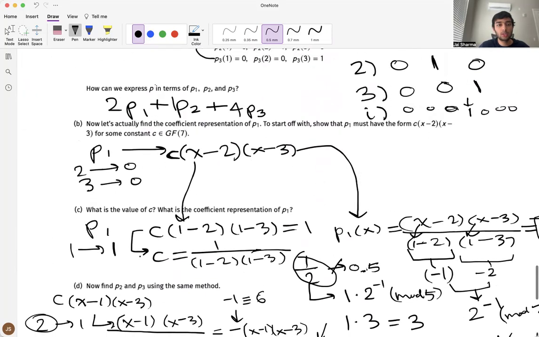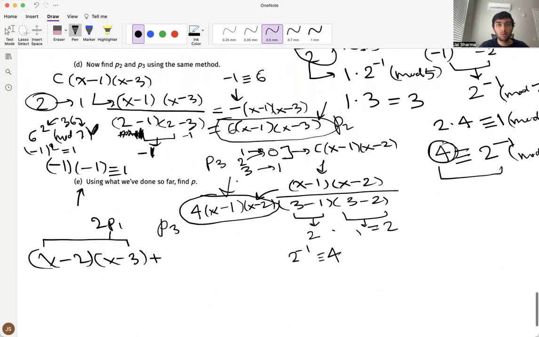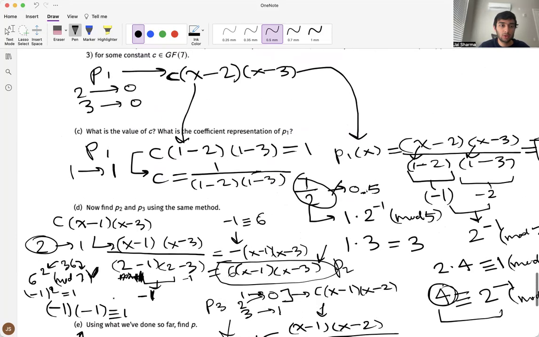And then we want just one P2, right? So we want this P2 right here plus 6 times x minus 1 times x minus 3. And then we want plus, what is the other coefficient?